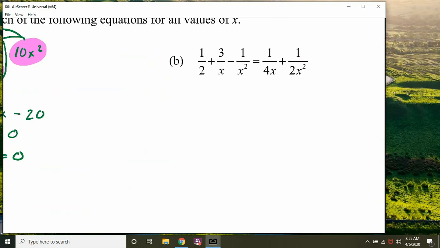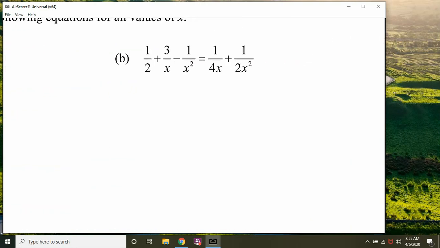Okay, looking at part B. The smallest number 2 and 4 go into is 4, and again we have an x squared. The highest power of x is always going to be part of that least common denominator.